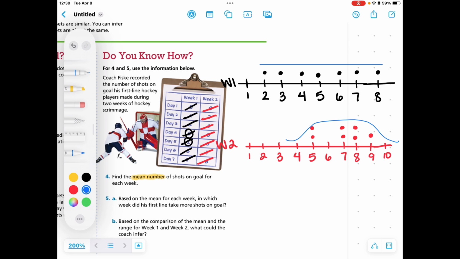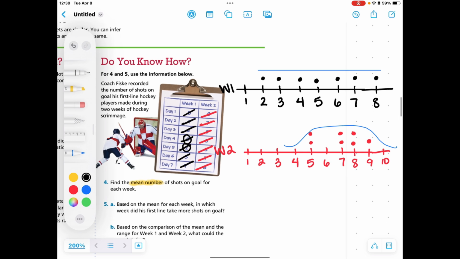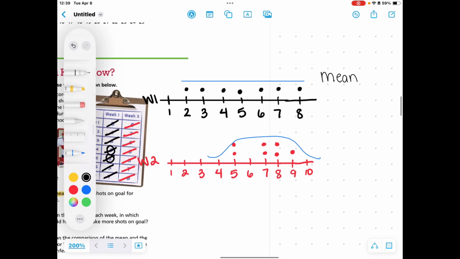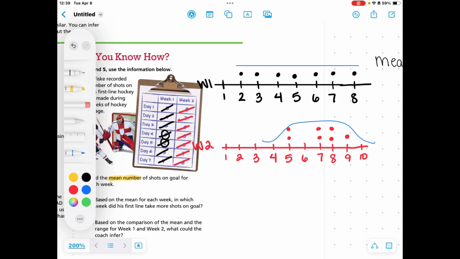So find the mean of shots on goals for each week. For week number 1, to find that mean, we need to add all these values together. So we need to add 5 plus 4 plus 6 plus 8 plus 2 plus 3 plus 7.